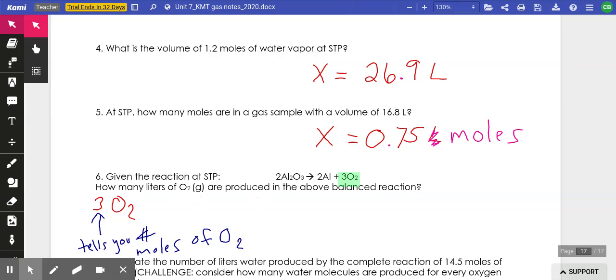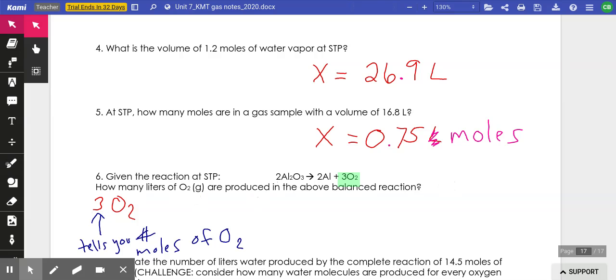Well, those numbers that are given to you in front of the formulas are telling you the number of moles. So when it says 3 O2, that 3 is telling you the number of moles of oxygen. So without having to explicitly write out that this reaction makes 3 moles of oxygen, you should be able to look at that equation and see that the 3 means 3 moles of oxygen.